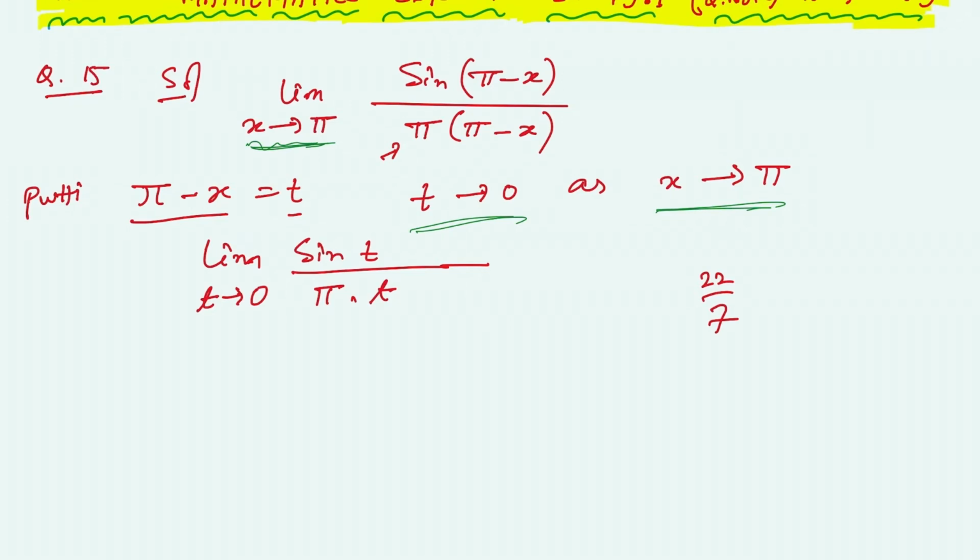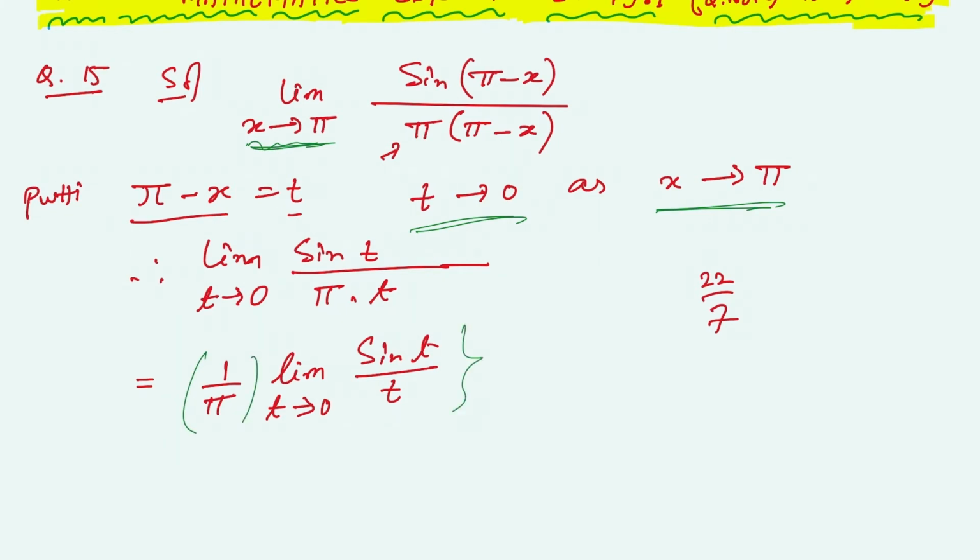So we can write this expression as 1 by pi into limit t tends to 0 of sine t by t. As pi is constant, we can write 1 by pi outside.